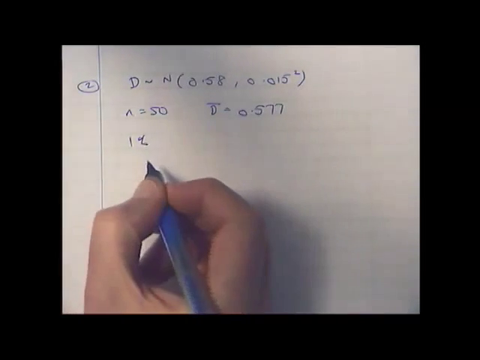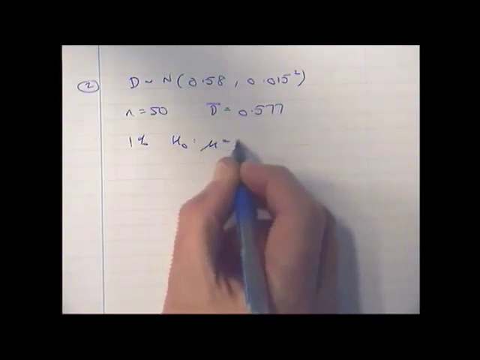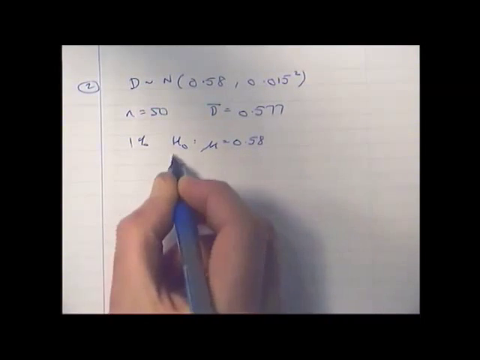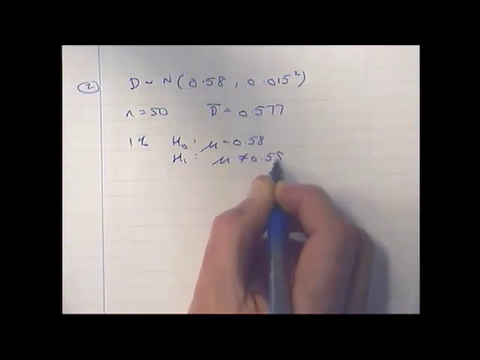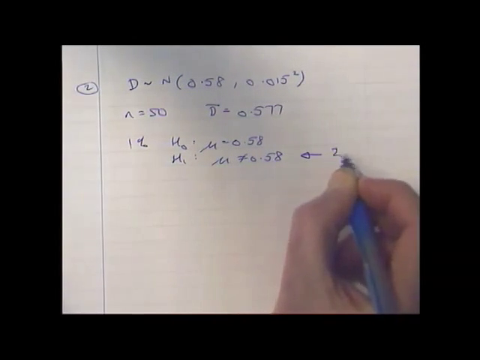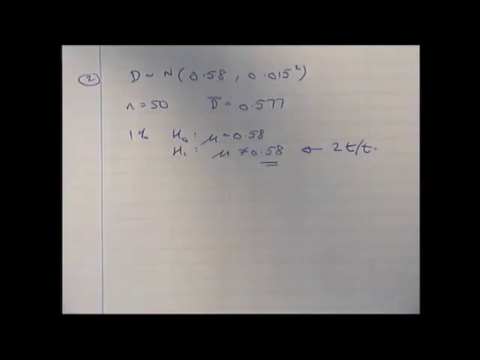We were working at a 1% significance level, with a null hypothesis and an alternative hypothesis. This time this was a two-tailed test. So there's a summary of example 2. If you look back in your notes, you've got it written down carefully there.